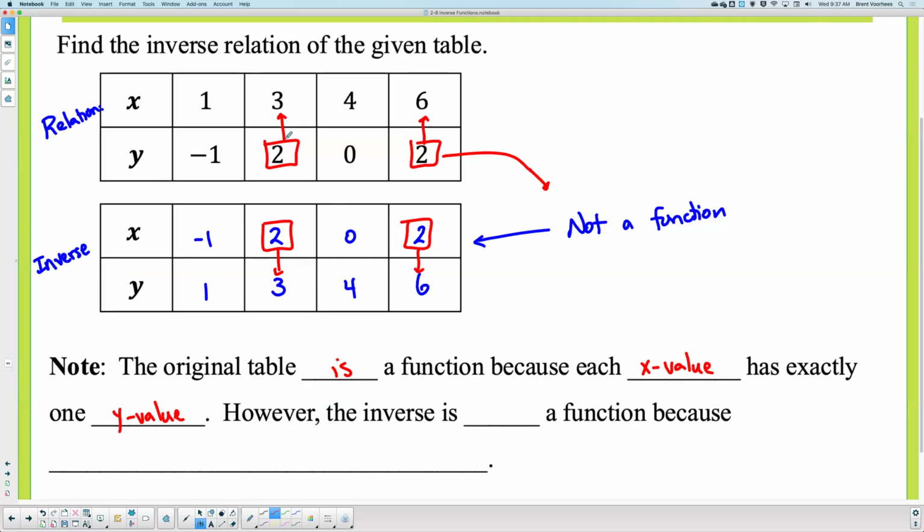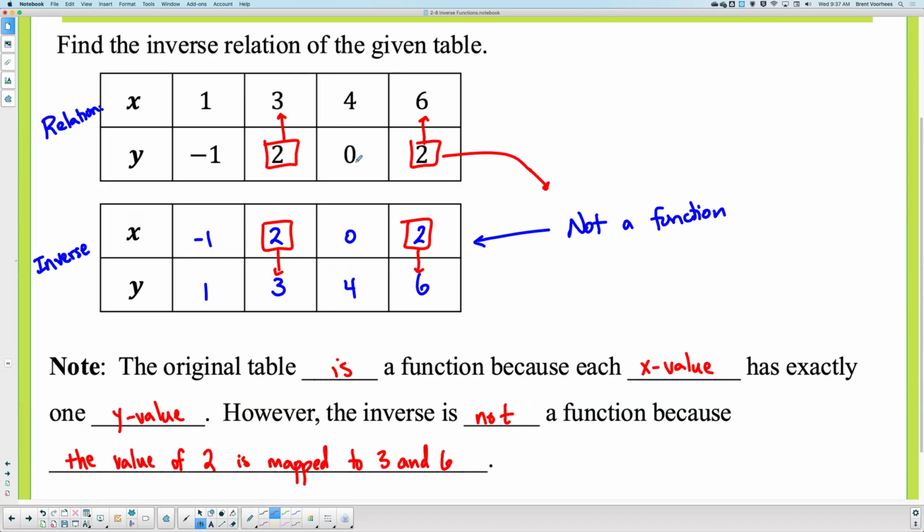However, the inverse is not a function because, if you're talking about the inverse itself, you would say the value of 2 is mapped to 3 and 6.